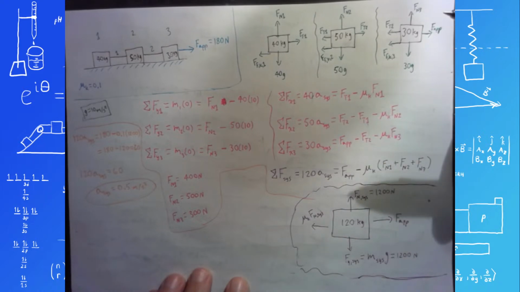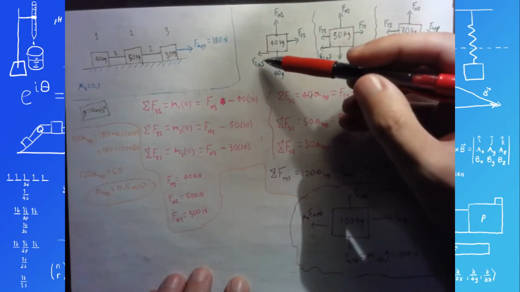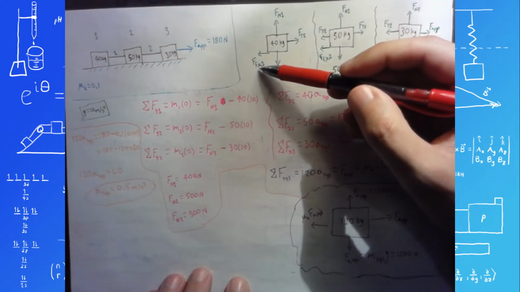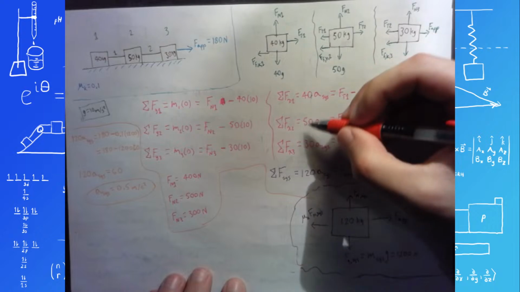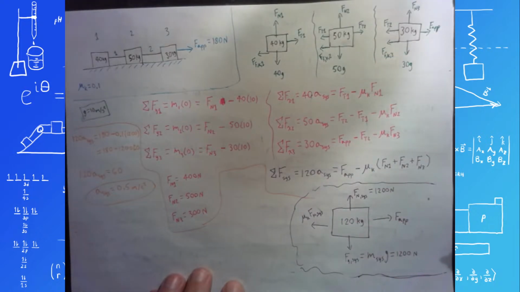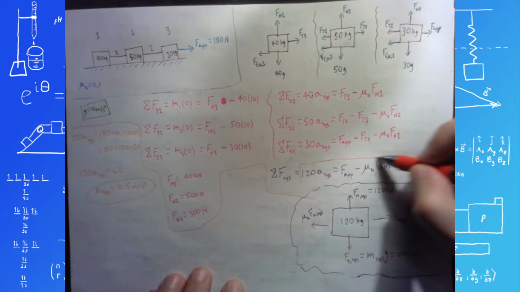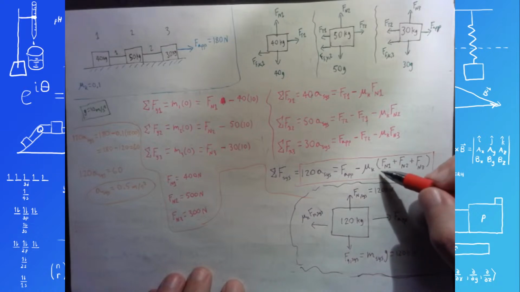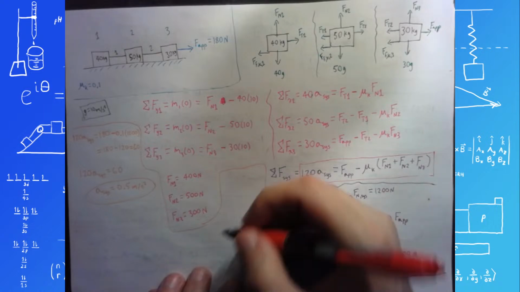So actually, I don't have to change much of anything. The direction of the static friction would still have to be to the left, so the only thing that changes as far as my diagrams are concerned is that I change the friction from kinetic to static. And as far as my equations are concerned, these all become zeros. So really what I would have is this again, except over here I would write mu static times the sum of the normal forces.